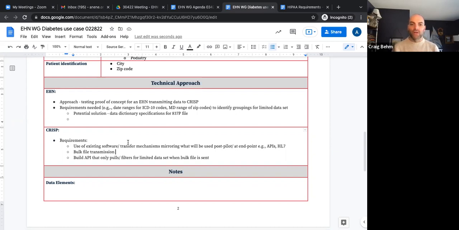And if there was a rank order of what we would prefer, it would be something closer to a real-time transmission method. If APIs were available, we would certainly hit them. We would take HL7. If a bulk file was the quickest and only way to get a limited data set to us for this first step in data transmission, then certainly we could work with a bulk file.